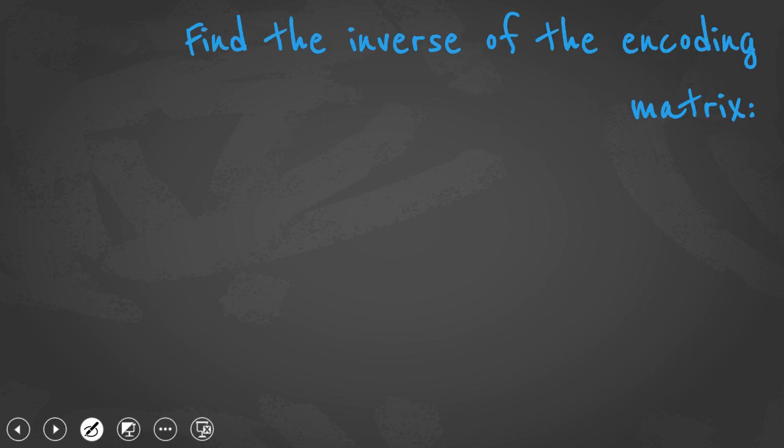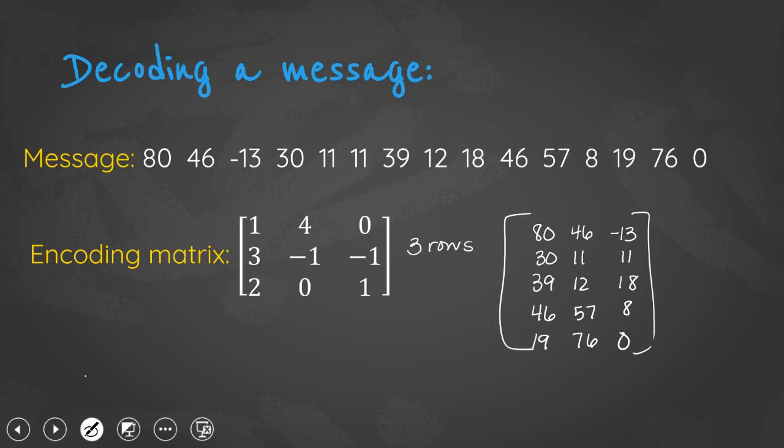We want to find the inverse of the encoding matrix. I'm going to flip back real quick so I can see what it is. Okay, and I'm going to enter this into my calculator because it's going to make life easier for me. So this is a 3 by 3. And then I'm going to quit, and I'm going to go to the matrix menu, and I put this in as A, so A inverse, okay?